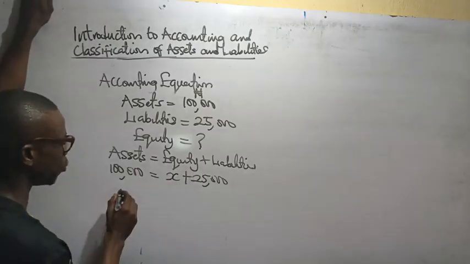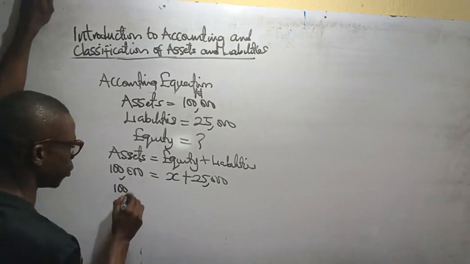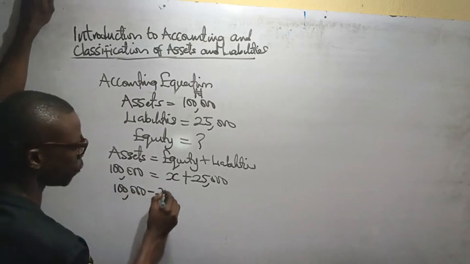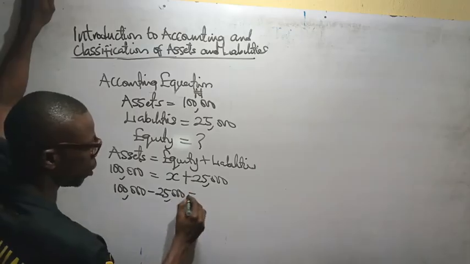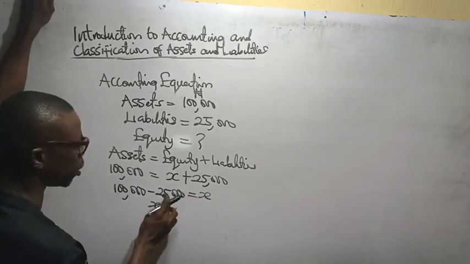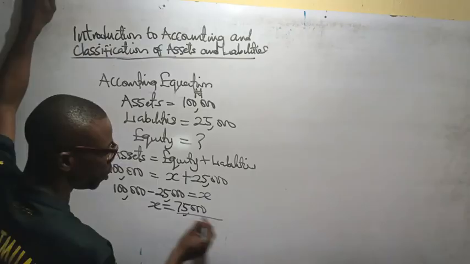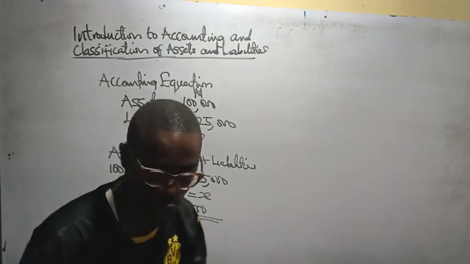So collecting items, it means we have 100,000 minus 25,000 equals X, which is your equity. So your equity will be 100,000 minus 25,000 naira, which is 75,000 naira.